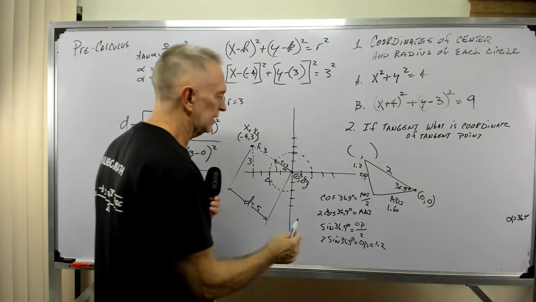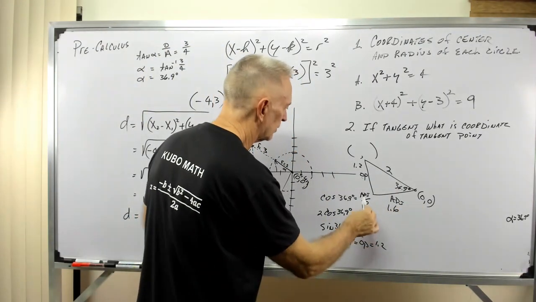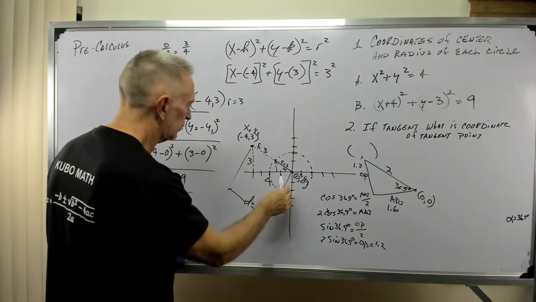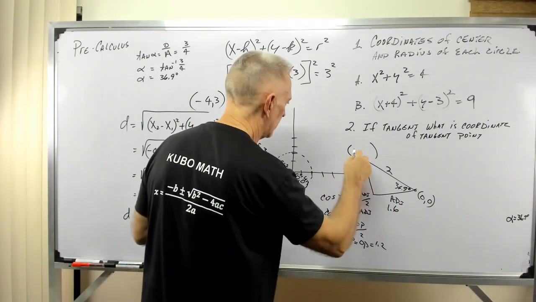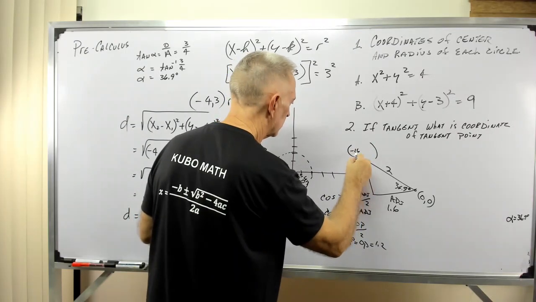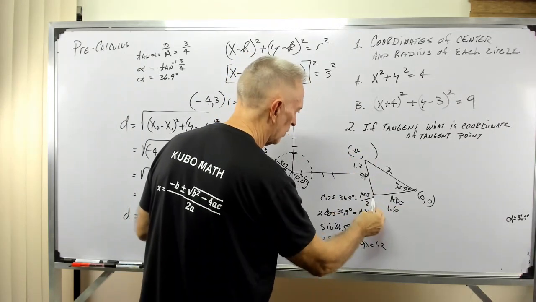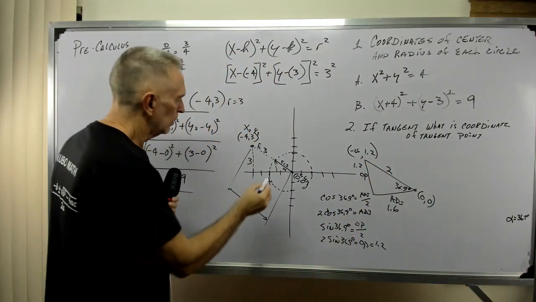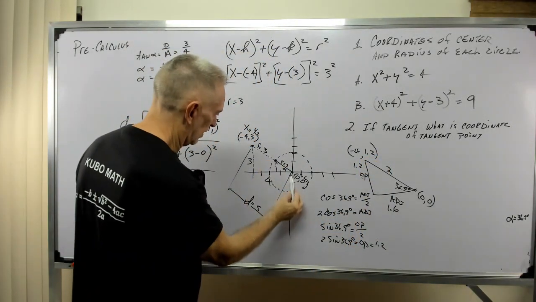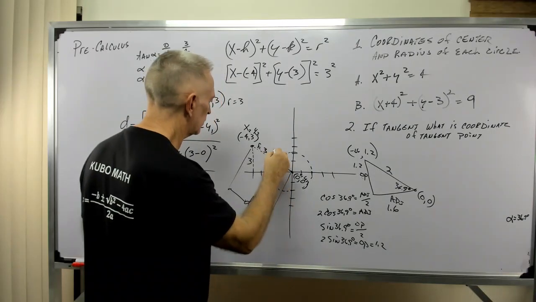But what does that tell me? The x out here is minus 1.6, because now we're looking for the specific coordinate, and the y is 1.2. So that would be that point right there, minus 1.6.